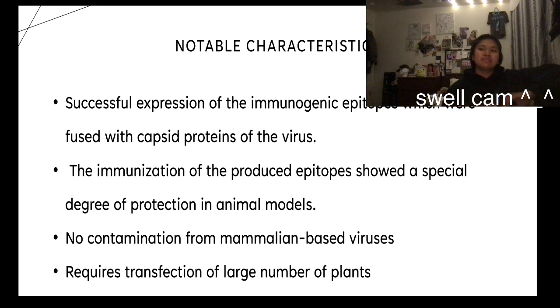That means it's relatively safe from mammalian-based contaminants such as mammalian-based viruses, so you don't have as big of a worry of contaminants from that. But this approach does require transfection of a large number of plants to get a high protein yield, as there is a low protein yield per plant.